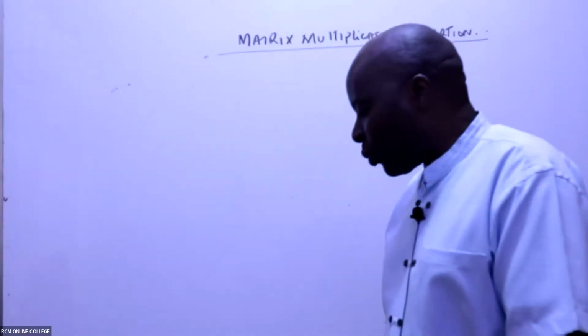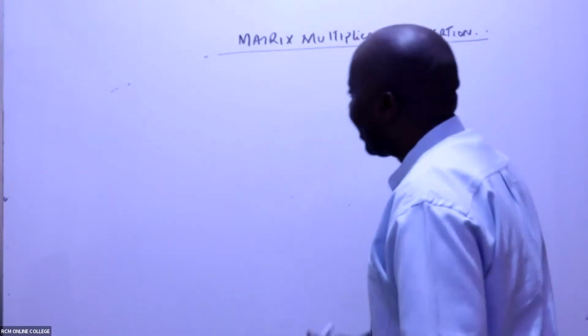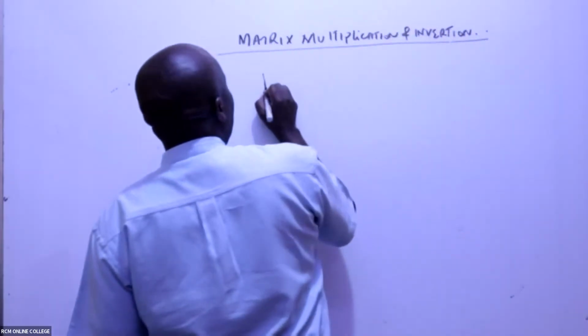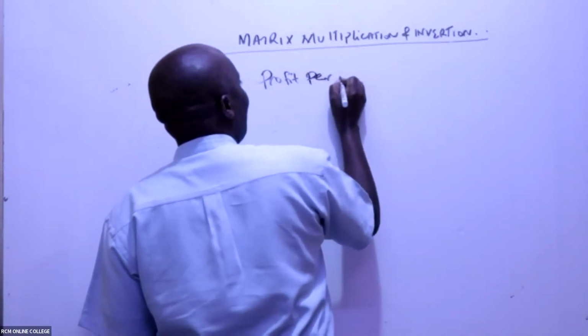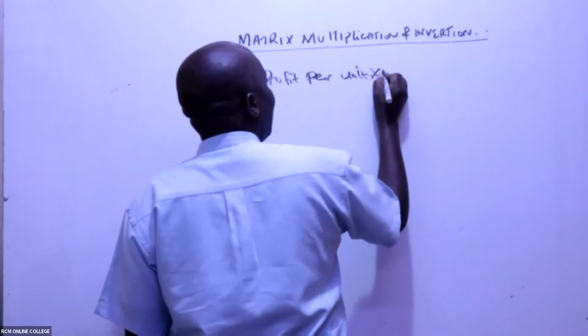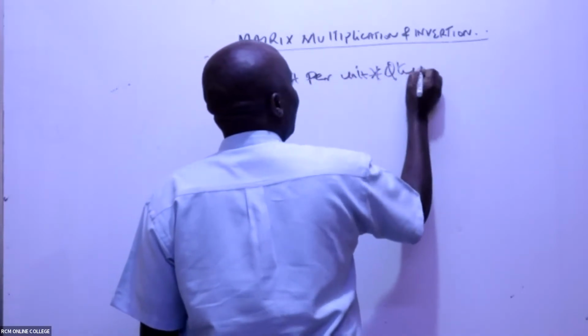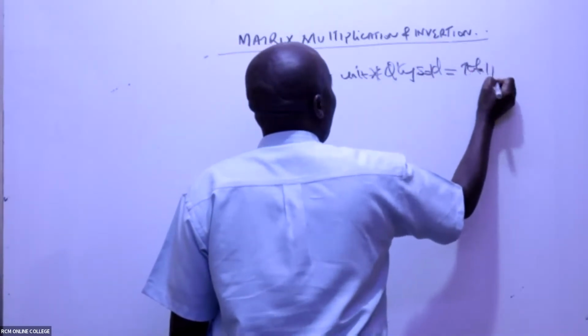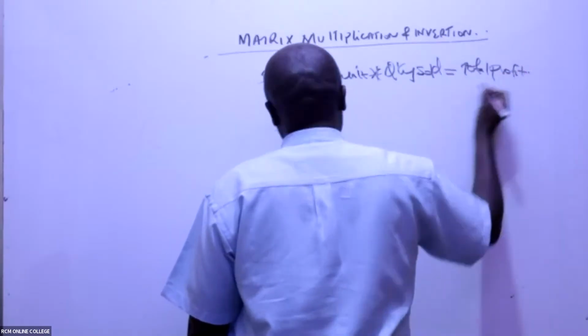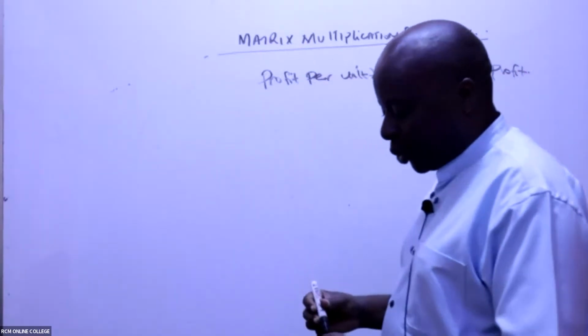Already they're giving us profit per unit. Then the question is, how do I get total profit? My total profit will be like this: you take profit per unit and multiply it by quantity sold, for you to get what we call total profit.